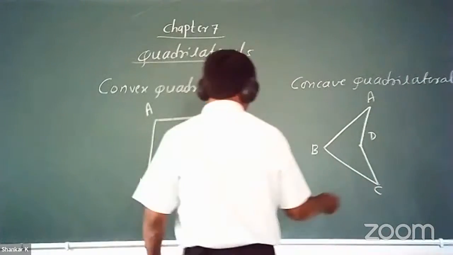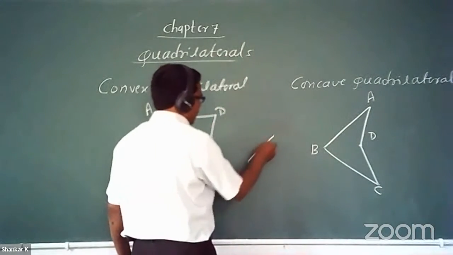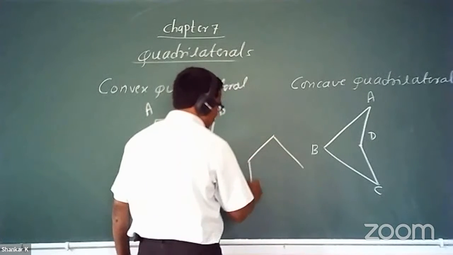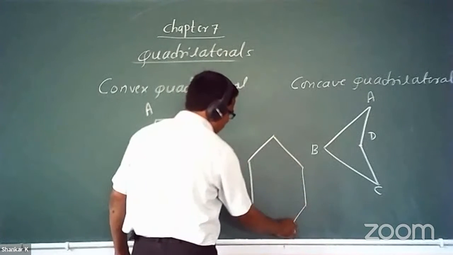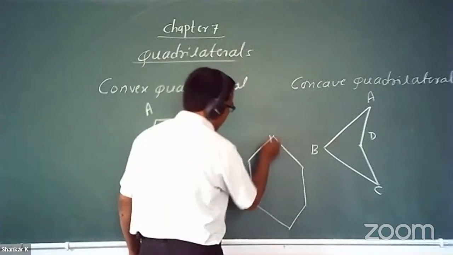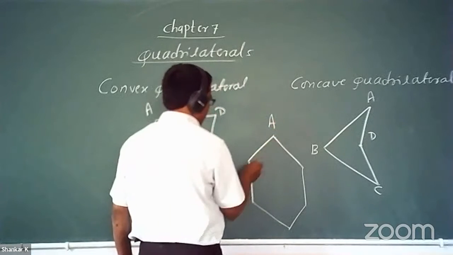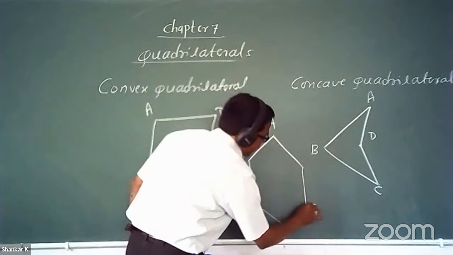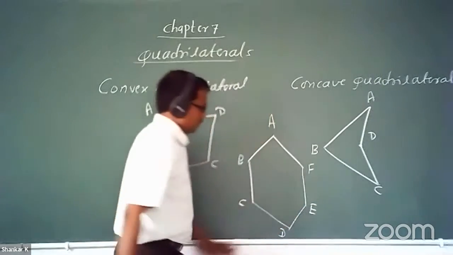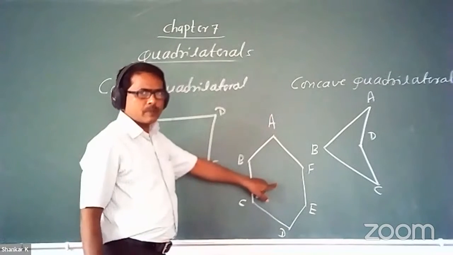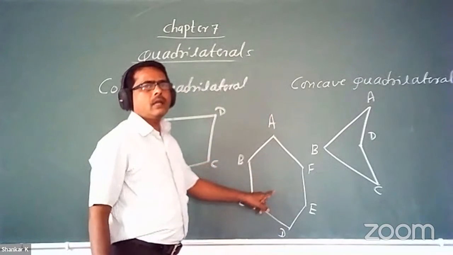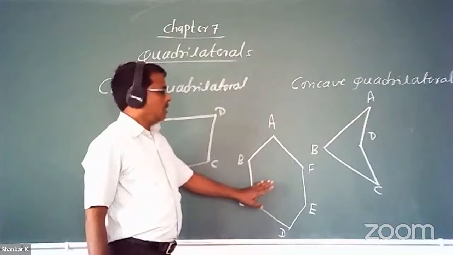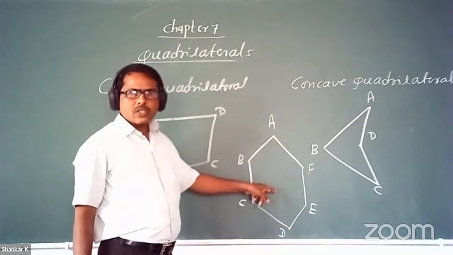One more example I'll explain here, then you will understand. For example, if I have one hexagon A, B, C, D, E, F, this is not a quadrilateral. I am explaining the diagonal, and consecutive and non-consecutive vertices.